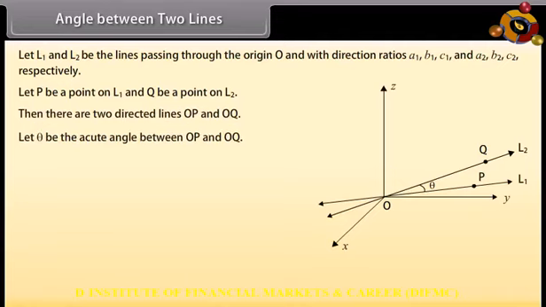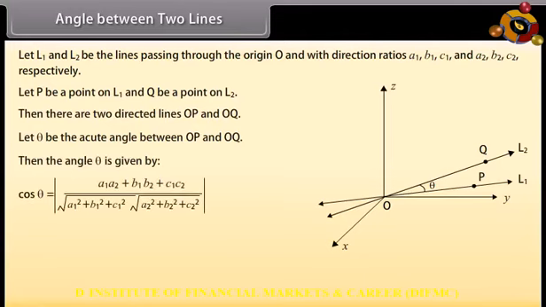Let theta be the acute angle between OP and OQ. Then cos theta equals modulus of (A1 A2 plus B1 B2 plus C1 C2) divided by the square root of (A1 square plus B1 square plus C1 square) into the square root of (A2 square plus B2 square plus C2 square).